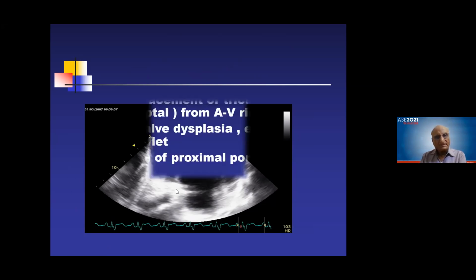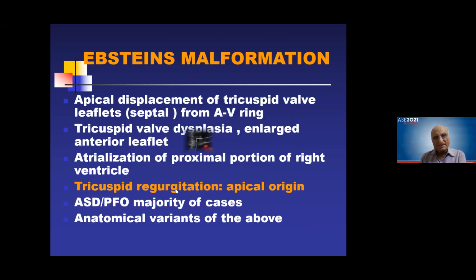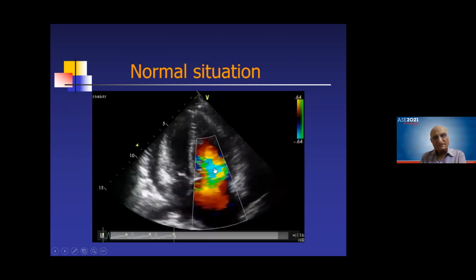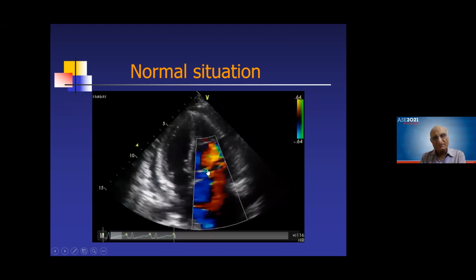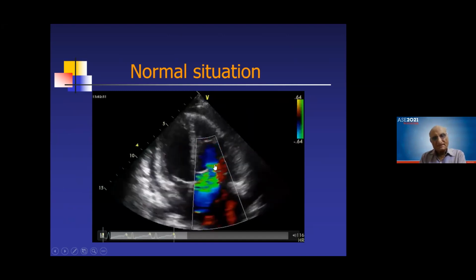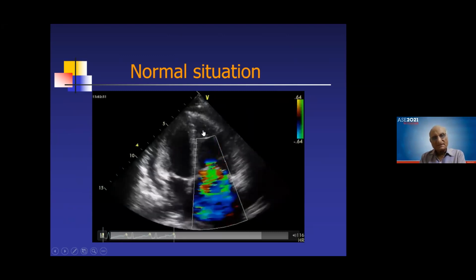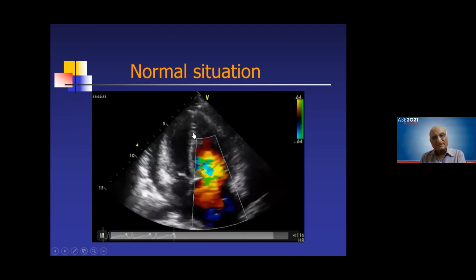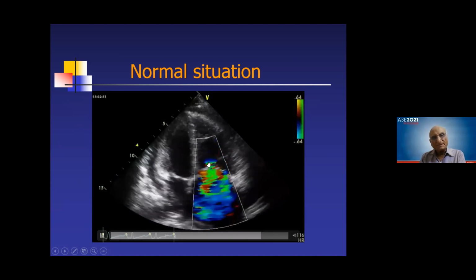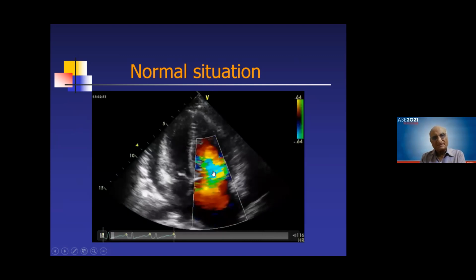Now, tricuspid regurgitation. In a normal individual, the tricuspid regurgitation starts from where the leaflets meet. So these are the tricuspid leaflets. Now here in an Ebstein's anomaly, the tricuspid leaflets are somewhat displaced here. So there will be a marked apical origin of the tricuspid regurgitation.